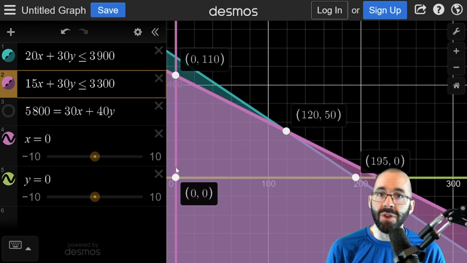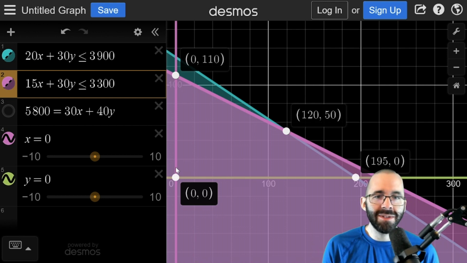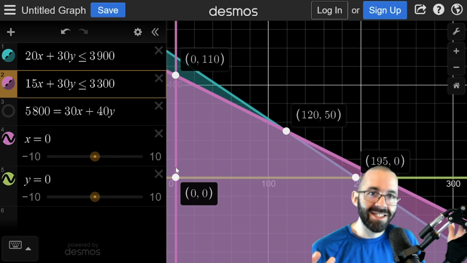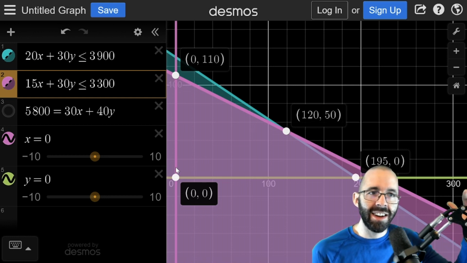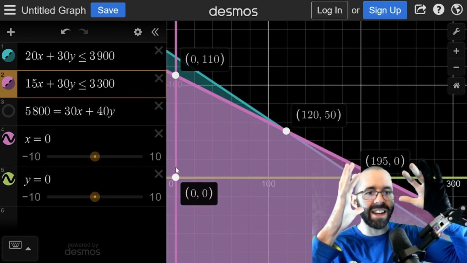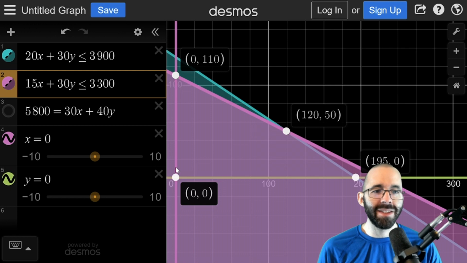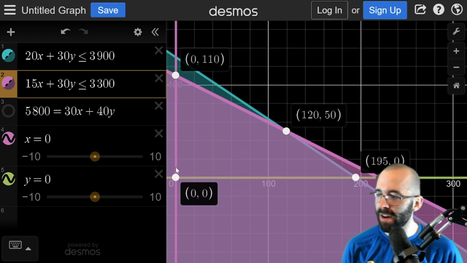And this is actually true for any dimensions. We're looking at 2-dimensional problems, 2 variables. In 3 dimensions, now our lines become planes. And the intersections are like vertices on a 3-dimensional cube or polyhedron. And it's still true for those corners as well, like the corners of a box.